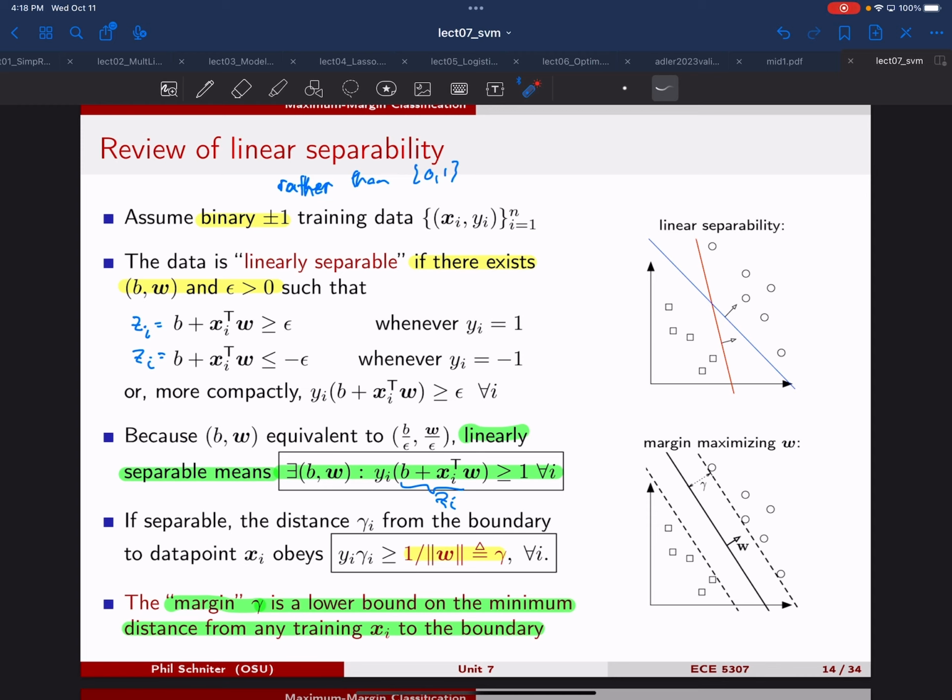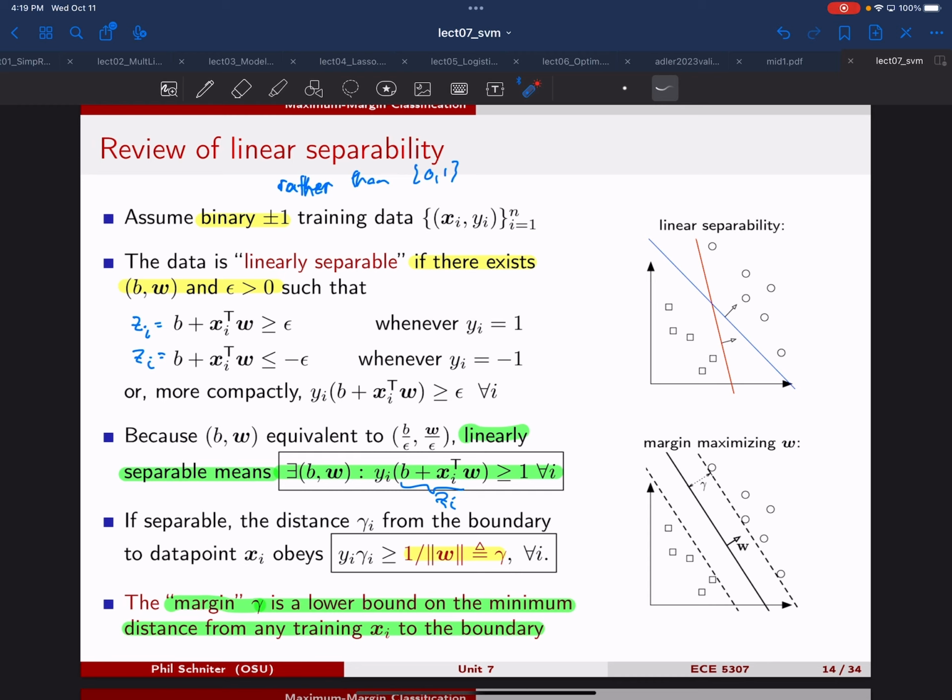Because if we didn't have the linear separability constraint, you could just get a bad classifier and you can make the norm of W 0 if you want. This has no meaning unless the classifier is separating the data.